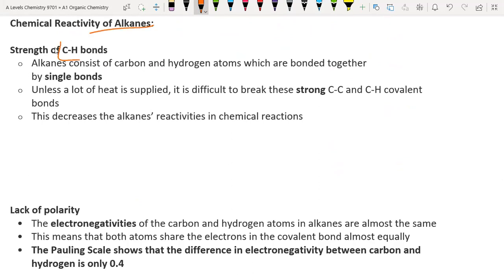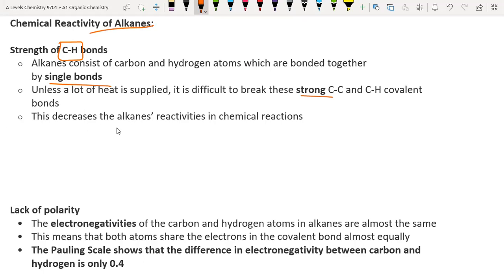The carbon-hydrogen bond is strong as it contains single bonds, which are sigma bonds. Alkanes consist of carbon and hydrogen atoms which are bonded together by single bonds. Unless a lot of heat is supplied, it is difficult to break these strong carbon-carbon and carbon-hydrogen bonds.